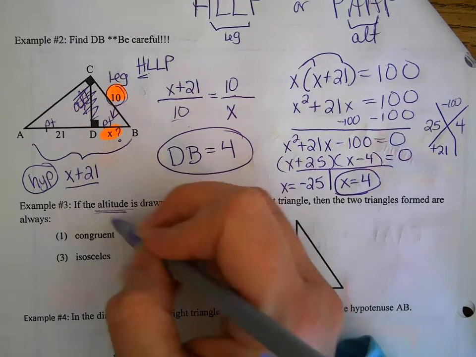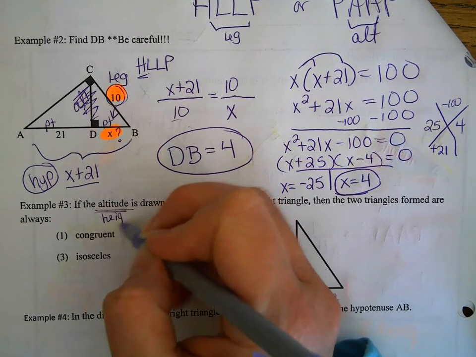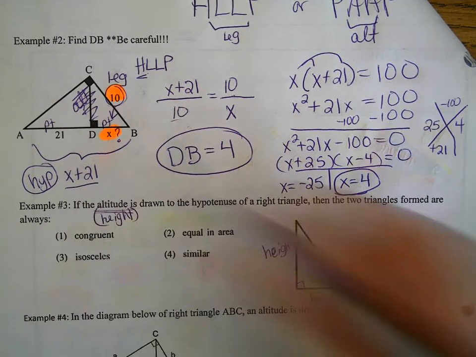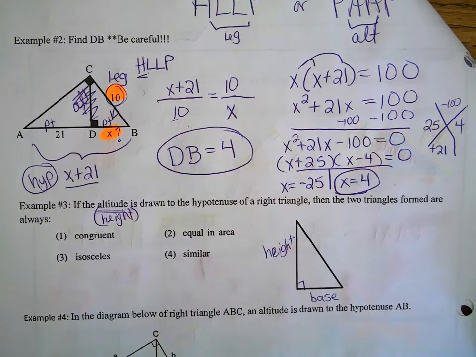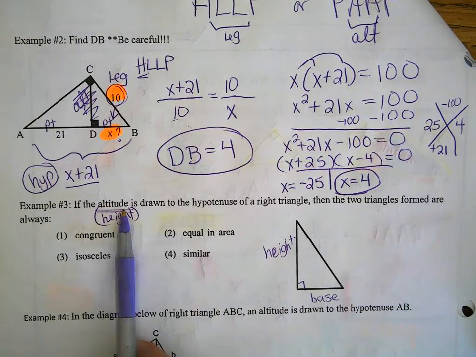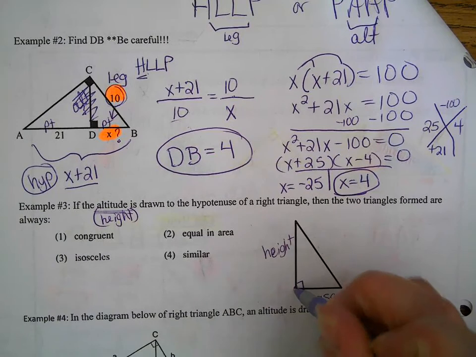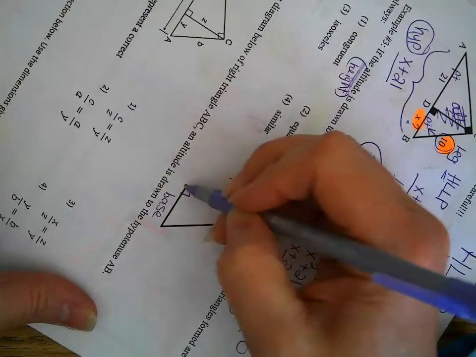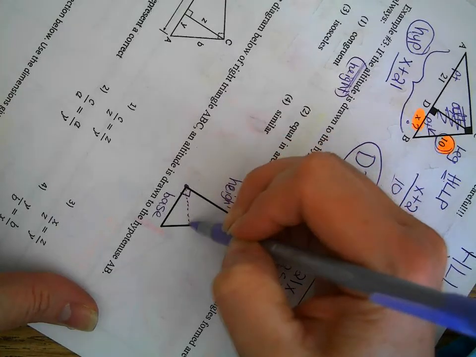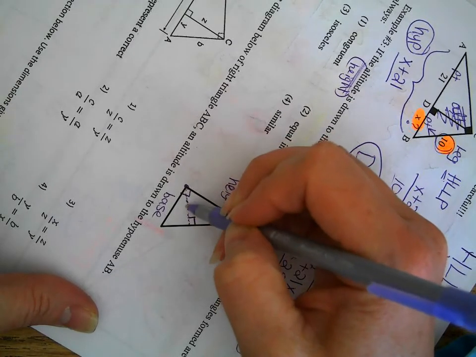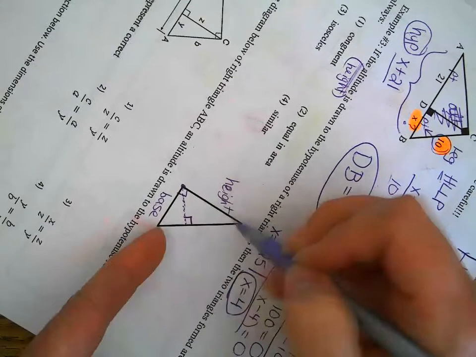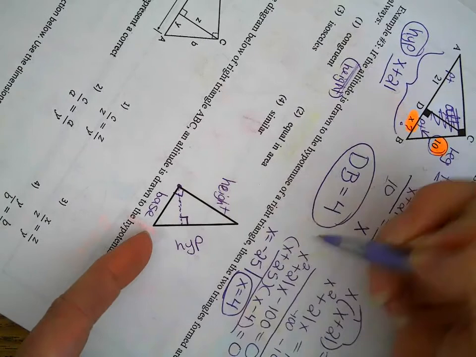And most of you think altitude and height are exactly related, which they are. But what this is saying is the altitude is drawn to the hypotenuse. So that means from this right angle, I'm going to kind of rotate my paper around to show you that the altitude is drawn to make the hypotenuse, meaning the altitude is drawn to this hypotenuse.